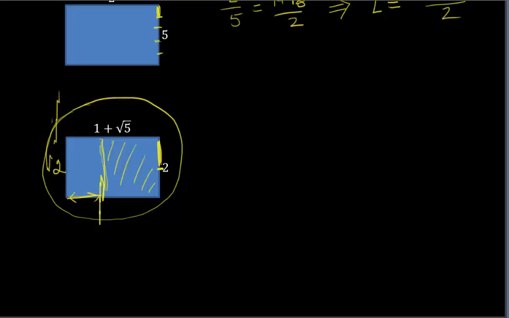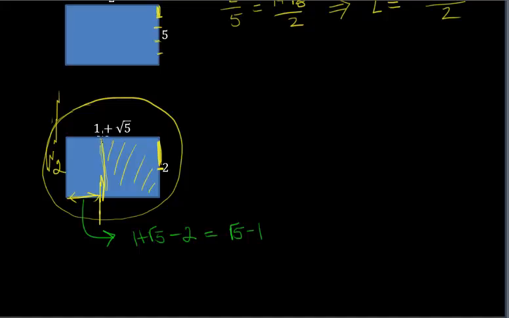I'm going to change color because of this mess. So that distance will be the long distance, 1 plus the square root of 5, minus the side length of the square, 2. And that is the square root of 5 minus 1.